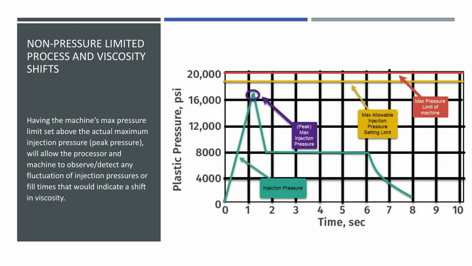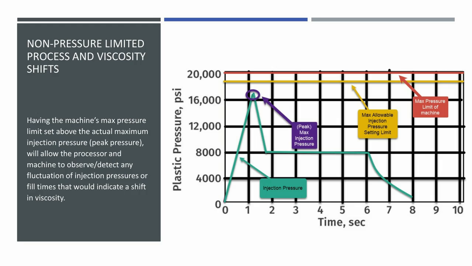Now, non-pressure limited processes and viscosity shifts. Having a machine's max pressure limit set above the actual maximum injection pressure, the peak plastic pressure, will allow the processor and machine to observe or detect any fluctuations of injection pressures or fill times that would indicate a shift in viscosity.